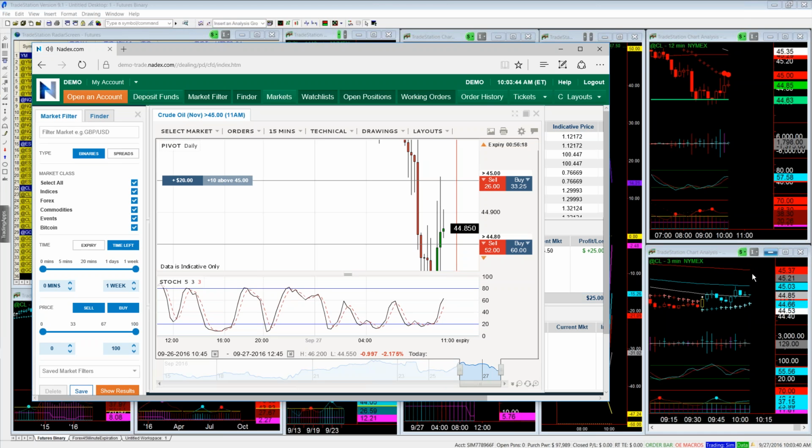We really need this to go up to this red line at 45.37. In other words, we need the white moving average to actually act as support to push price up. It's not doing too good at it right now.